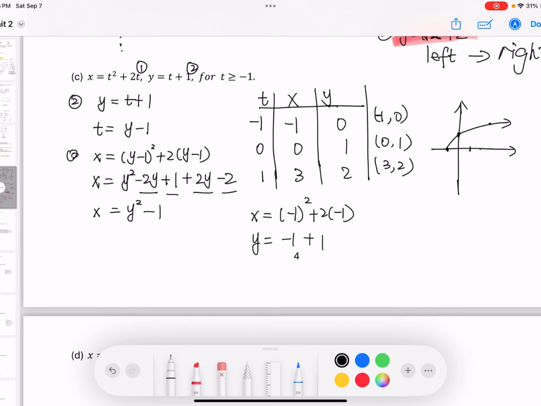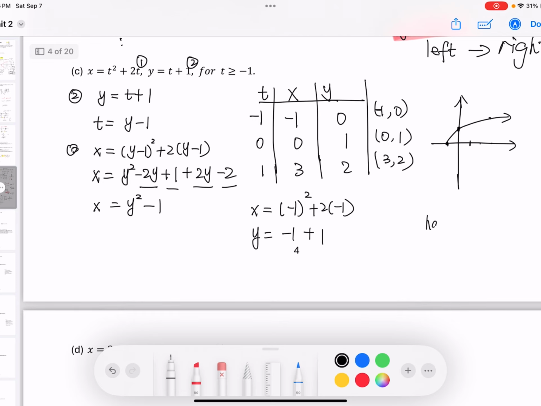Okay, so this is the half of our parabola. You can say this is a square root function.